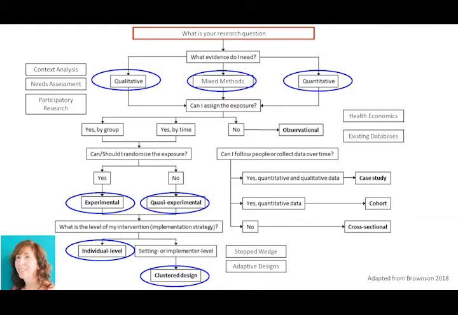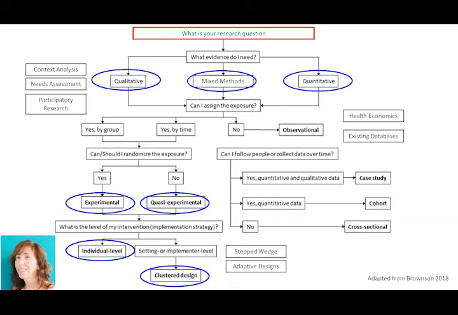We can also use quasi-experimental designs to test the effect of our interventions when we cannot randomize participants, patients, people, or clusters.